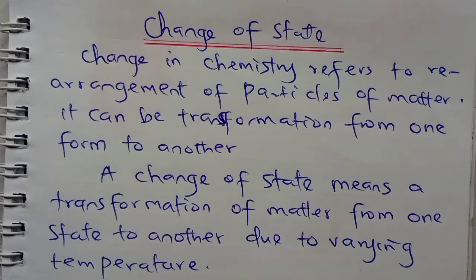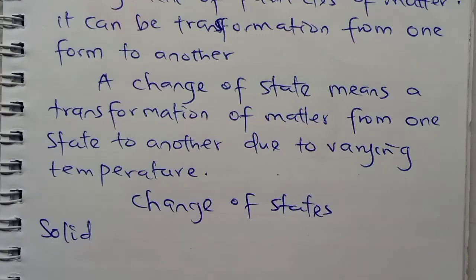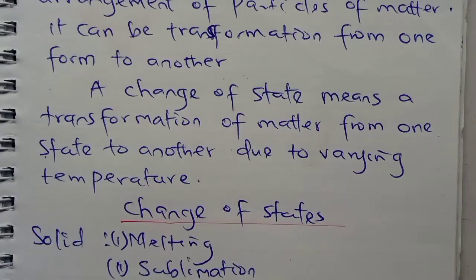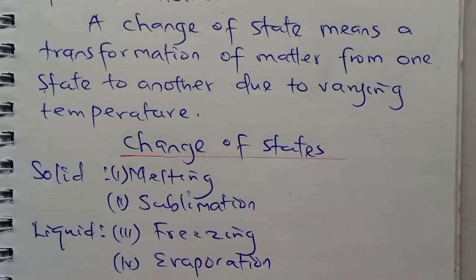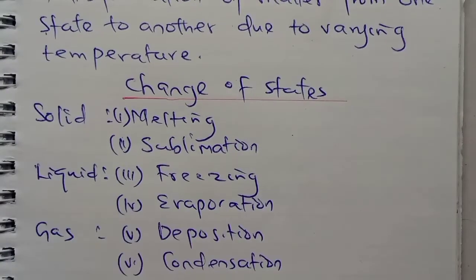We have six types of change of state we are going to discuss. For solids, we have melting and sublimation. For liquids, we have freezing and evaporation. For gas, we have deposition and condensation.